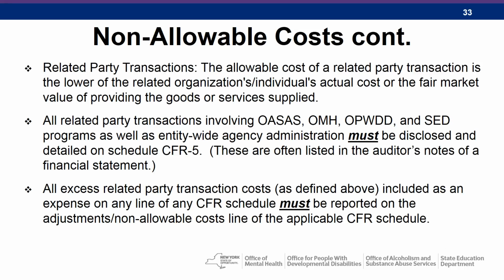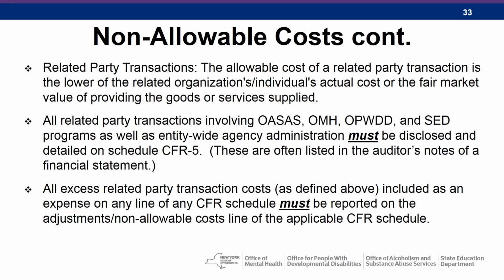Related party transactions. The allowable cost of a related party transaction is the lower of the related organization's or individual's actual costs or the fair market value of providing the goods or services supplied. All related party transactions involving OASAS, OMH, OPWDD, and SED programs, as well as entity-wide agency administration, must be disclosed and detailed on CFR 5.